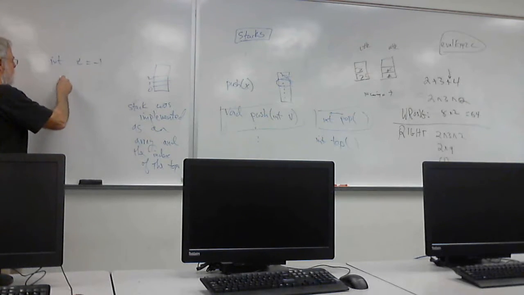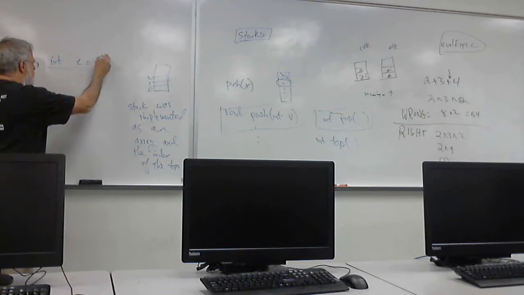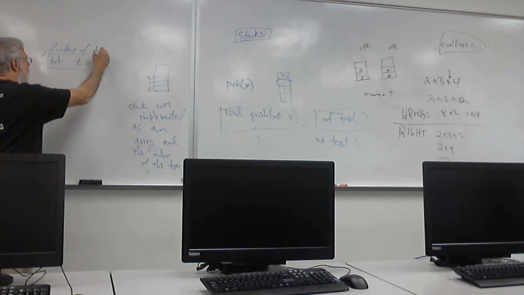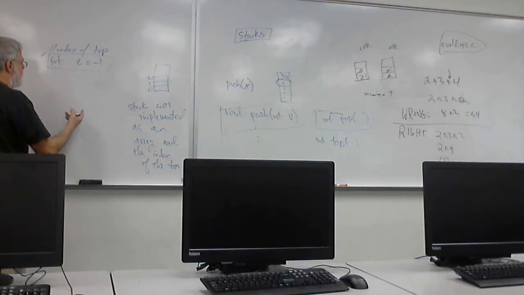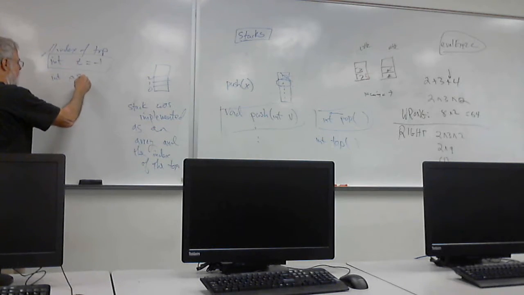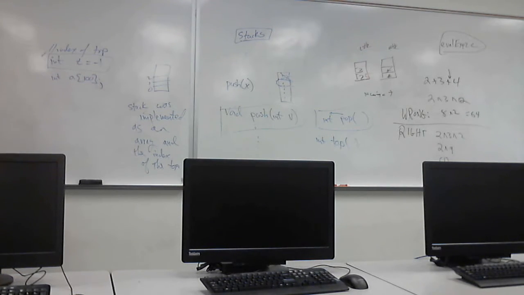This is the index of the top. And then we have the array itself, int a brackets 100. So we have an array of size 100.